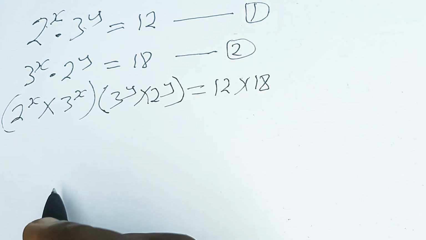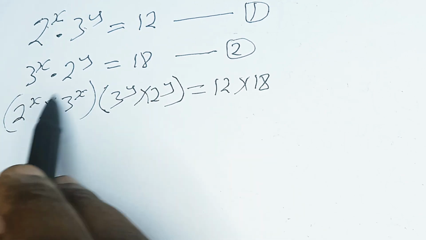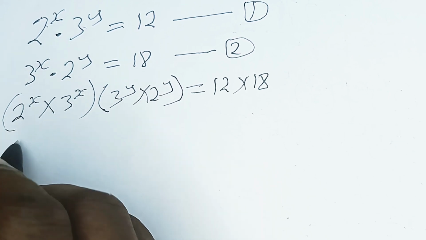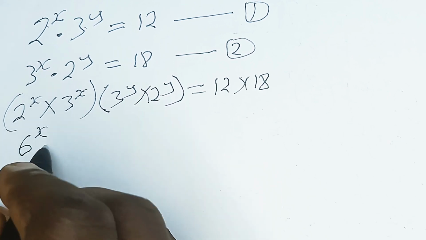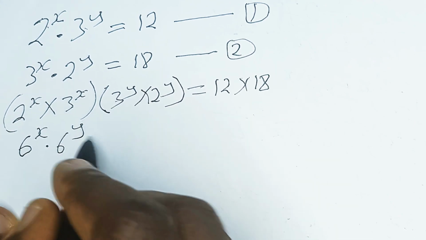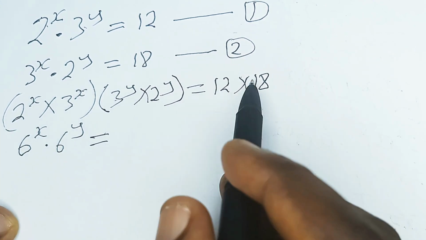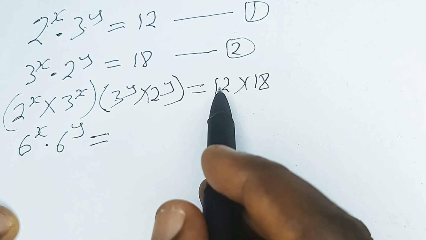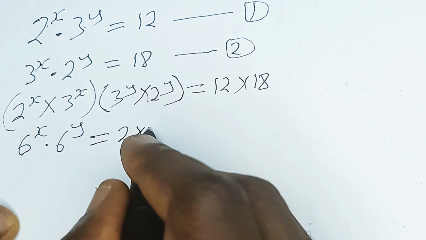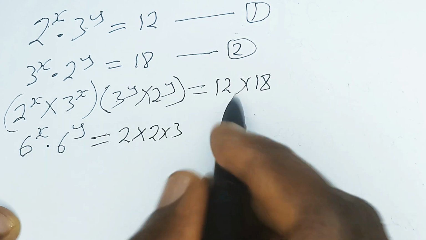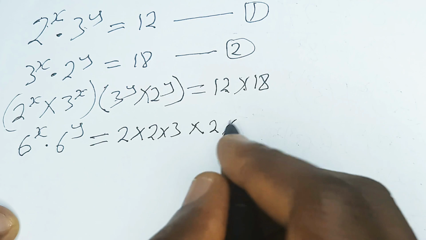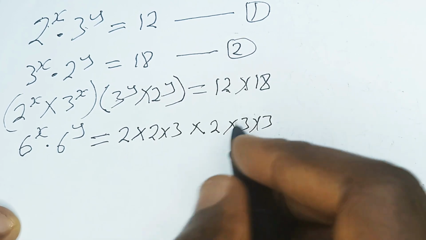Okay, so these have similar powers, so you can multiply the bases. 2 times 3 gives us 6 raised to the power of x times 3 times 2, 6 raised to the power of y is equal to 12, which can be written as 2 times 2 times 3, times 18, which can be written as 2 times 3 times 3.